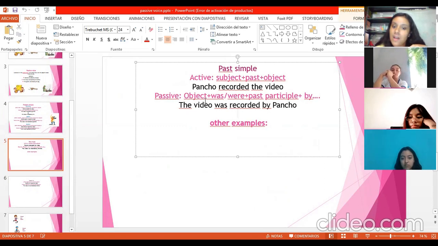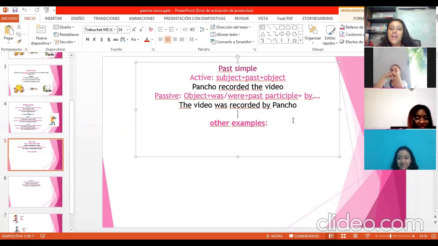And passive is object, the object here is the video, was or were depending on the object. If the object is singular, the verb will be was, then past participle, recorded, and by, finally, the subject, by Pancho or by him, whatever you want.